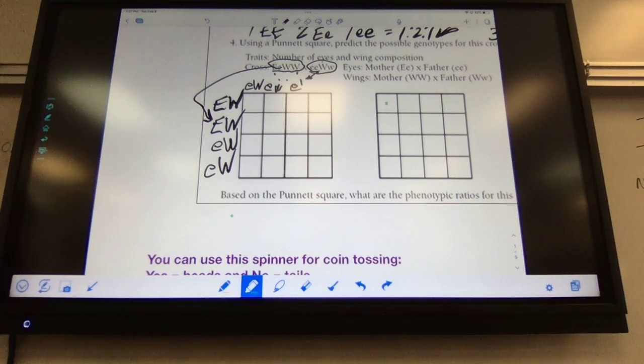Lowercase e, capital W. Nope, sorry, I did that one wrong. It's lowercase e, the inside. No, that was right. And then the last of each one, like that.